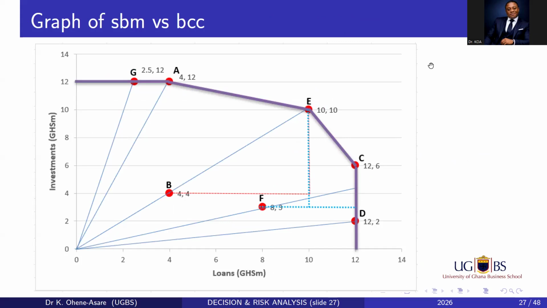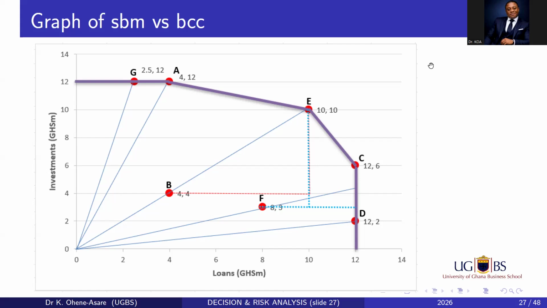Those on the frontier. So these are the efficient firms under the DEA. And therefore, the inefficient firms are B, N, F.